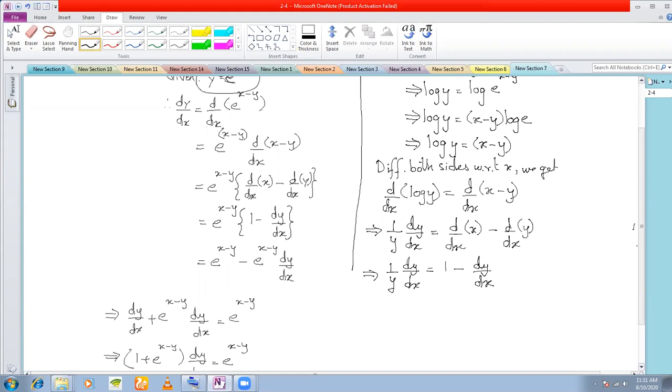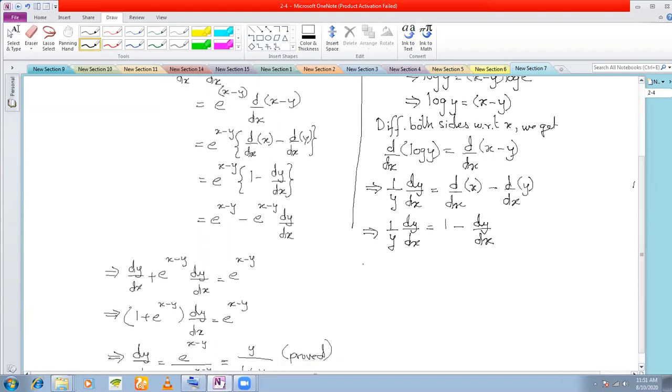Now you collect the dy/dx together. 1 by y dy/dx plus dy/dx is equal to 1. Take dy/dx common, you get 1 by y plus 1, dy/dx is equal to 1.